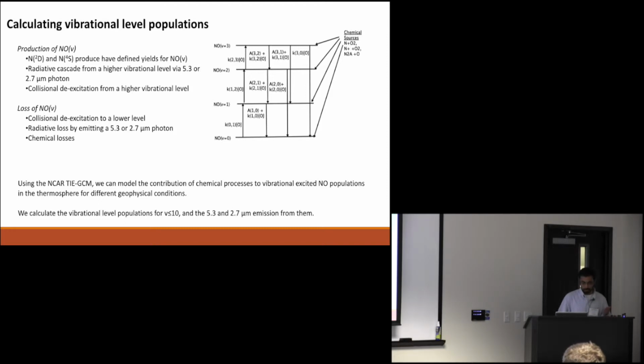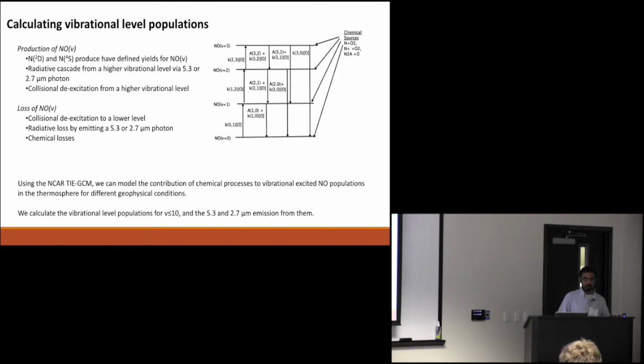And as Dr. Winnick previously mentioned, if you consider something like the 2.7 emission, which corresponds to a delta V equals 2, then those levels are probably populated only by chemistry. None of it's happening by thermal collision. So that's a nice check.